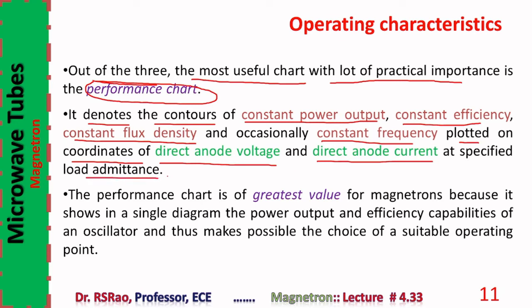The performance chart is of greatest value for magnetrons because it shows in a single diagram the power output and efficiency capabilities of an oscillator, and thus makes possible the choice of a suitable operating point. Performance chart means direct anode voltage, direct anode current coordinates.